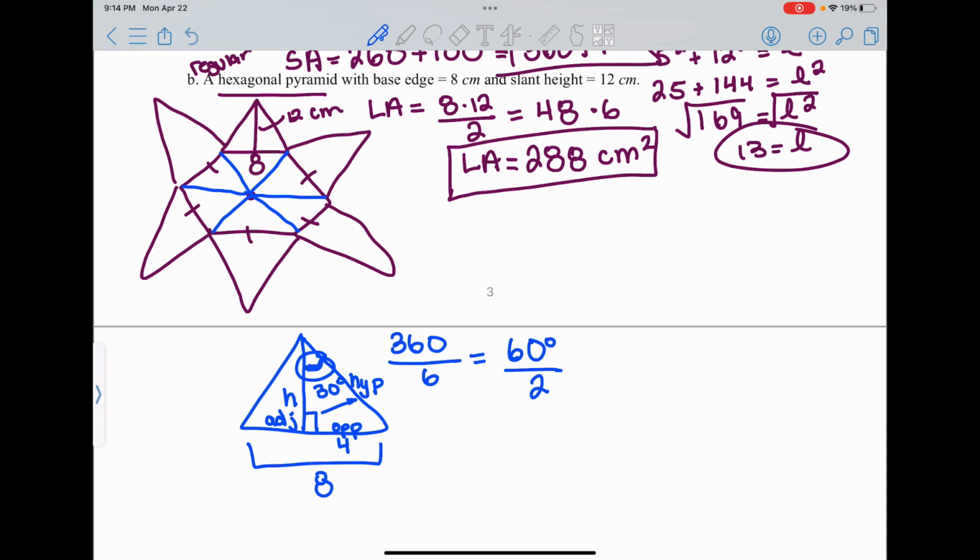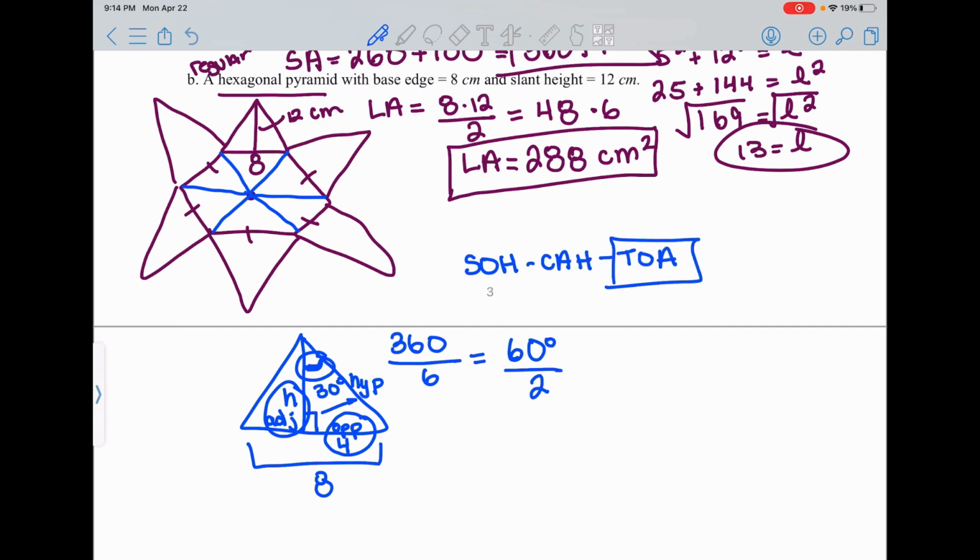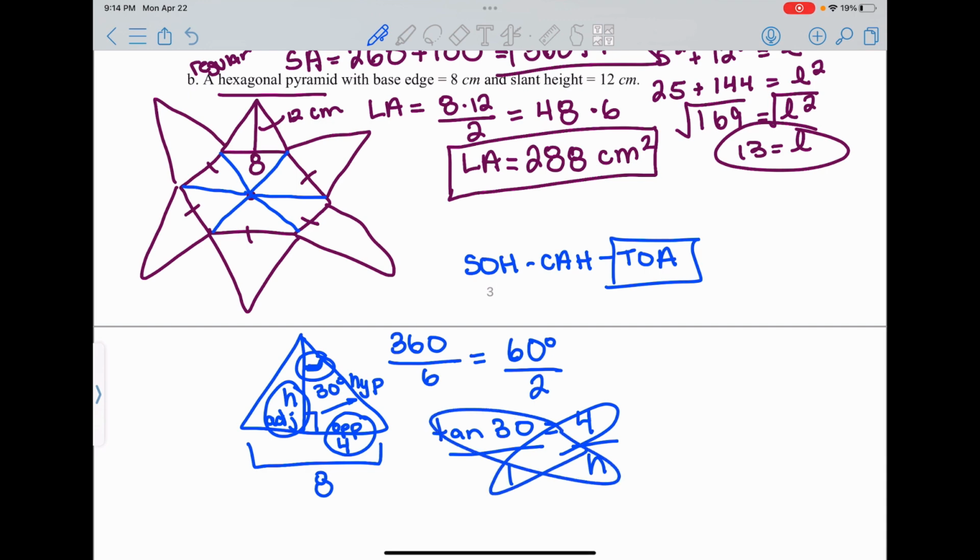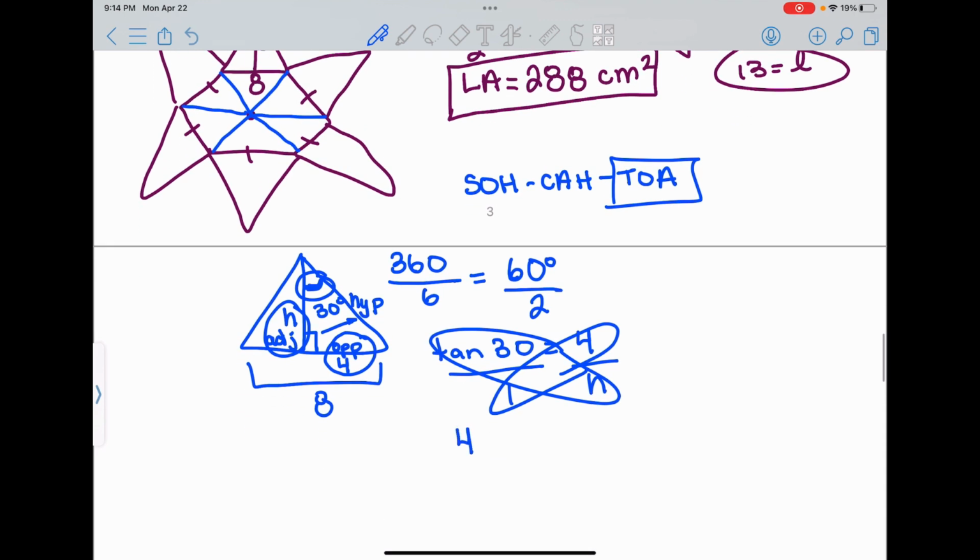It looks like the two sides I want to work with are my opposite and adjacent. So looking for opposite and adjacent, it looks like I'll be working with tangent. So tangent of 30 is equal to O over A, which will be 4 over H. I'm going to go ahead and cross multiply to get that 4 is equal to H times the tangent of 30.